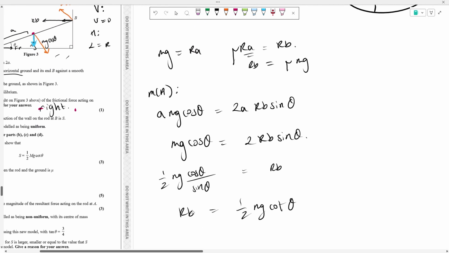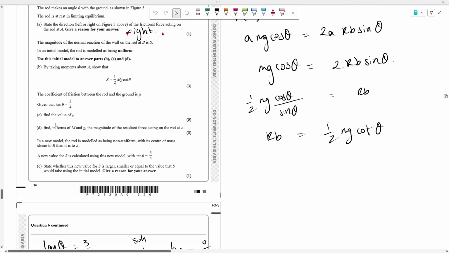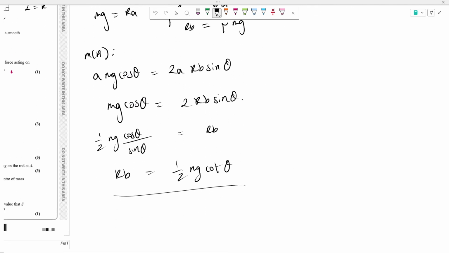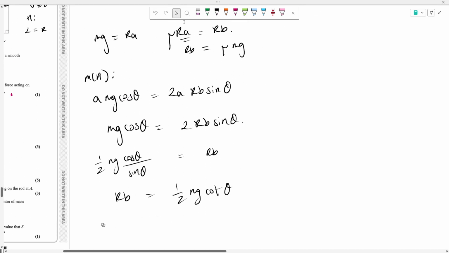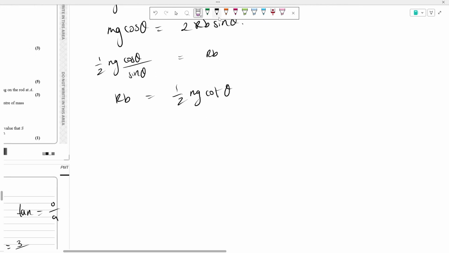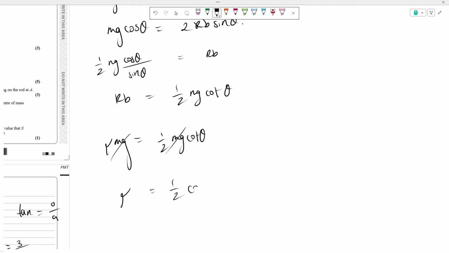What I'm going to do is now substitute in my Rb just to see what happens with this. If I know that Rb is equal to this, and I know that at the beginning Rb is equal to mu mg, I get that mu mg is equal to a half mg cot theta. I can cancel out the mg's. Mu is equal to a half cot theta.